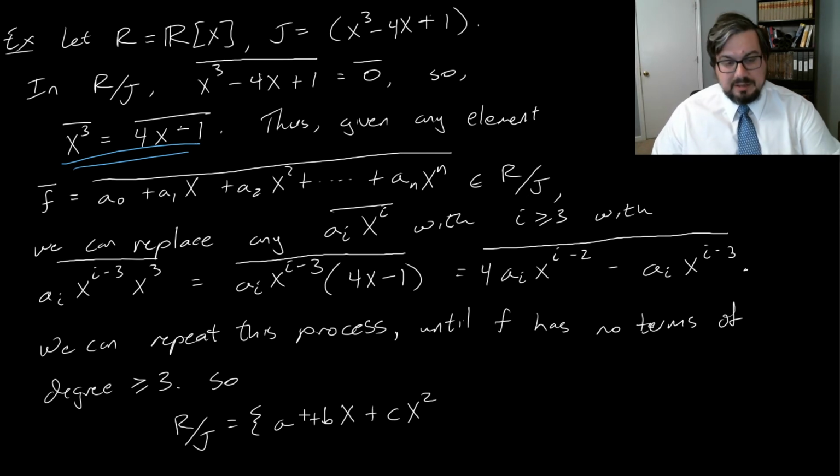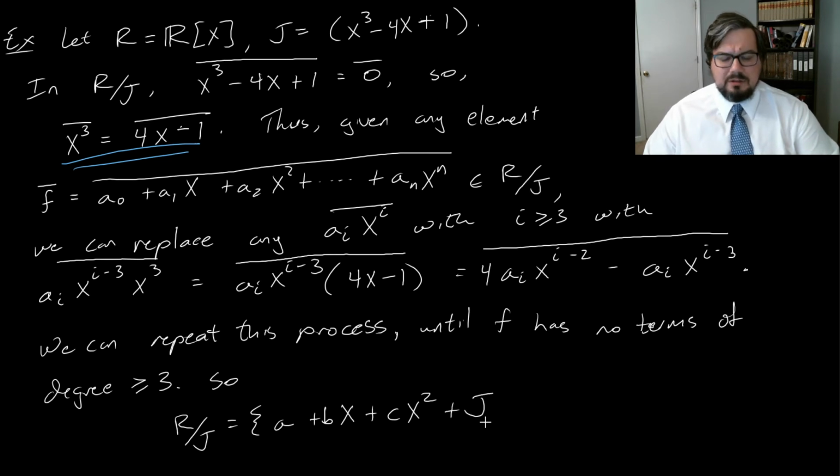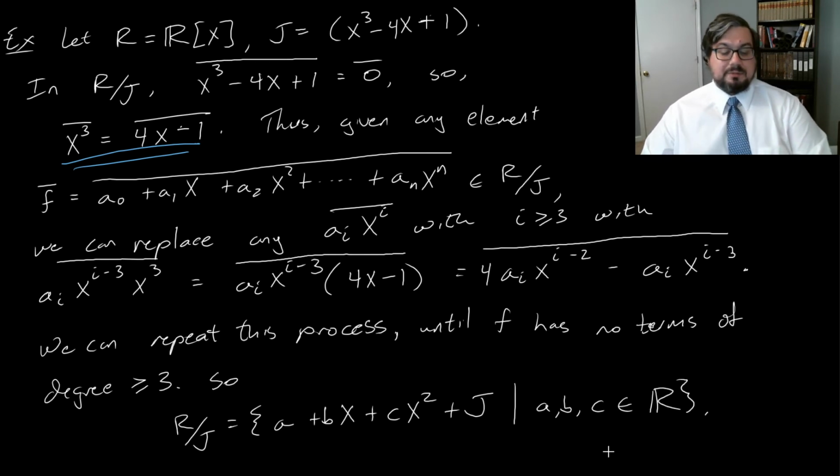So R mod J is represented by elements of the form a plus bx plus cx squared, plus J, where a, b, and c belong to the real numbers.